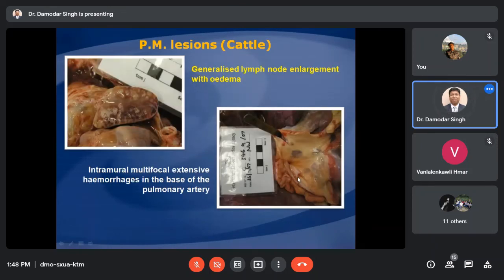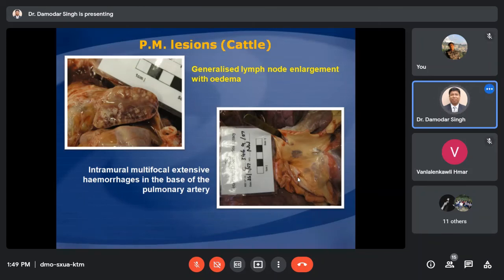And in the lymph nodes, almost all of them, there is generalized lymph node enlargement with edema, leading to much enlarged and juicy edematous swelling of most of the lymph nodes.